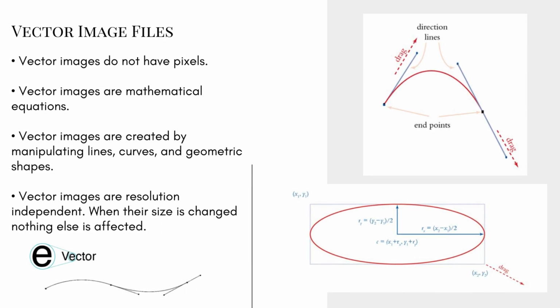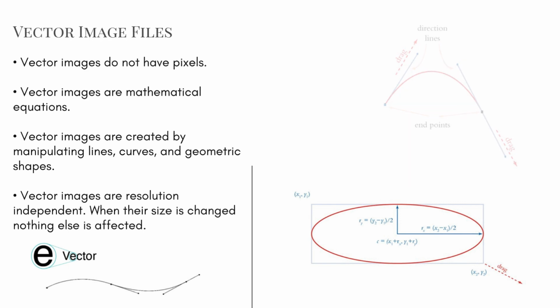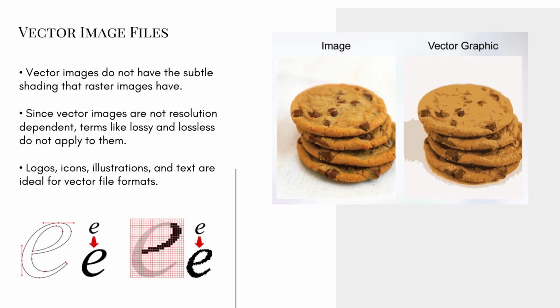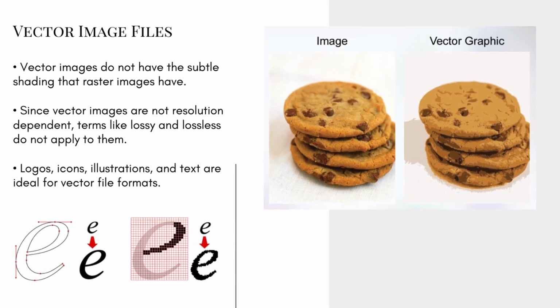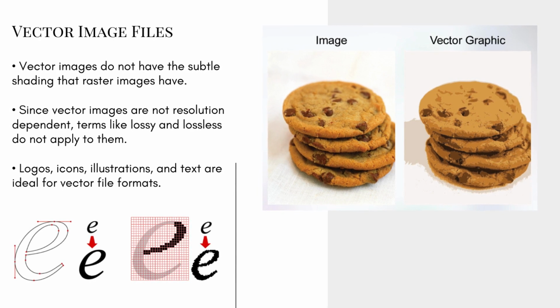Vector images are created by mathematically manipulating lines, curves, and geometric shapes. Because all vector images are mathematical equations, they can be decreased or increased in size without affecting them in any other way. All file formats are optimized for special uses.